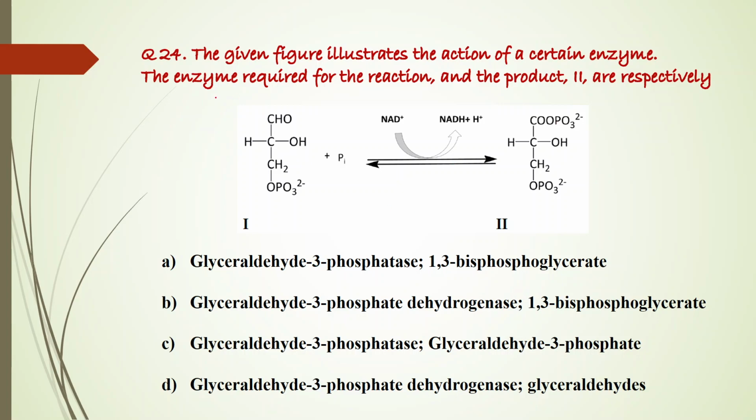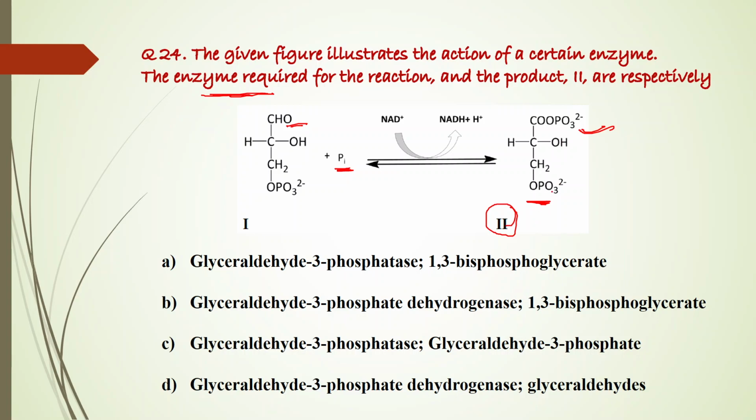First you need to identify the enzyme that you require here, and you have to identify the molecule 2 that is being formed. If we see what change is happening, from the aldehyde group we have addition of a phosphate group. So this is our inorganic phosphate that has been added to this aldehyde group, giving you this bisphosphate molecule.